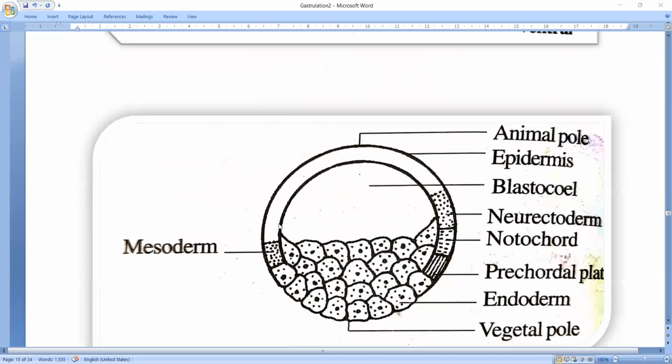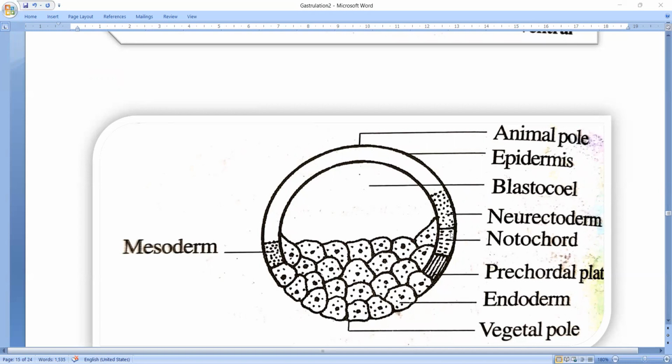Okay, so this is also a kind of fate map. This is the BS, the blastopore is here. This is the animal pole, and this part is ectoderm that will produce the future epidermis, and the continuation of the ectoderm is neurectoderm.